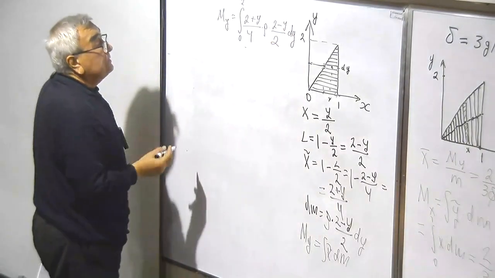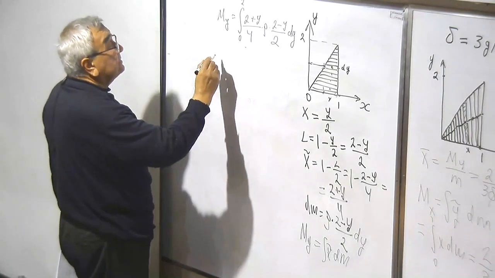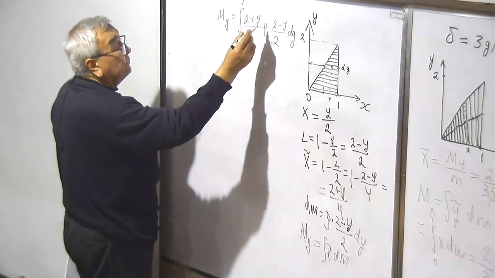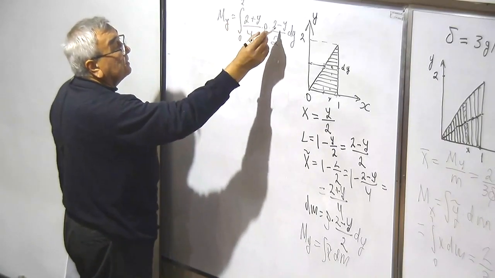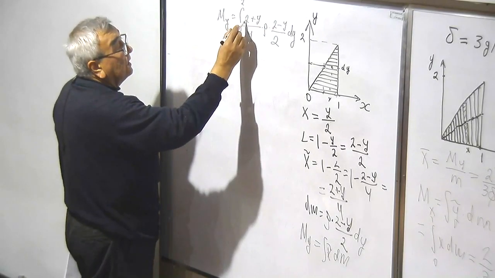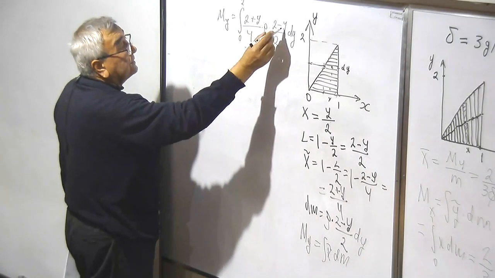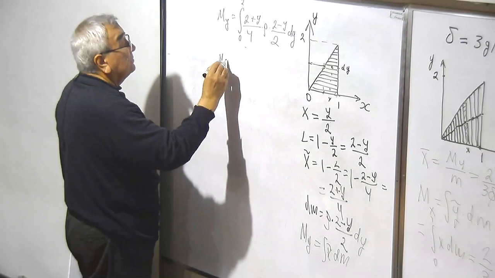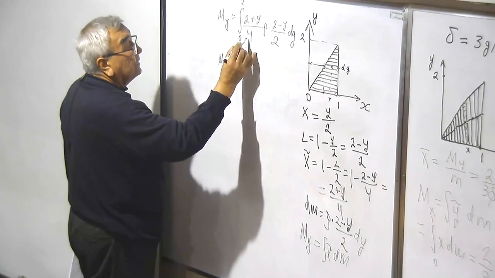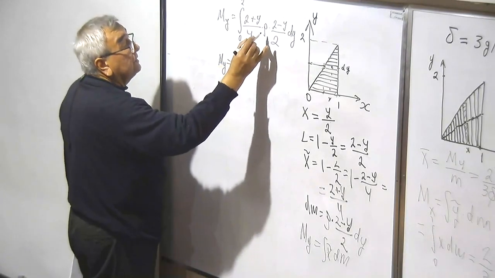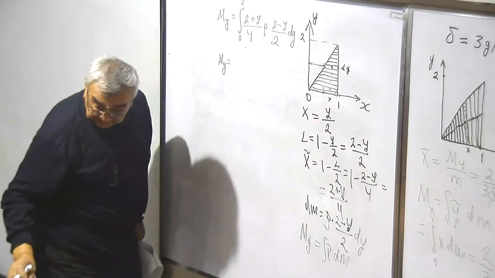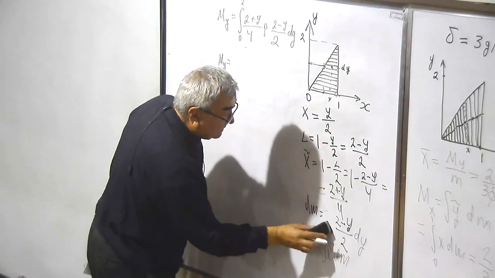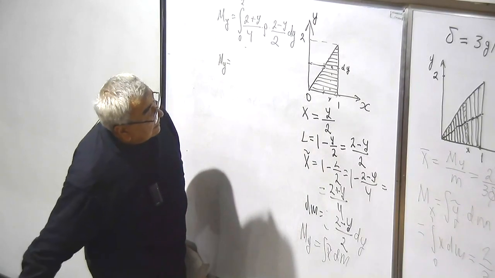That means we receive this integral. Let me simplify. You see, 2 plus y and 2 minus y give us the product 4 minus y squared. So my should be equal to, sorry, here we denoted this by delta.